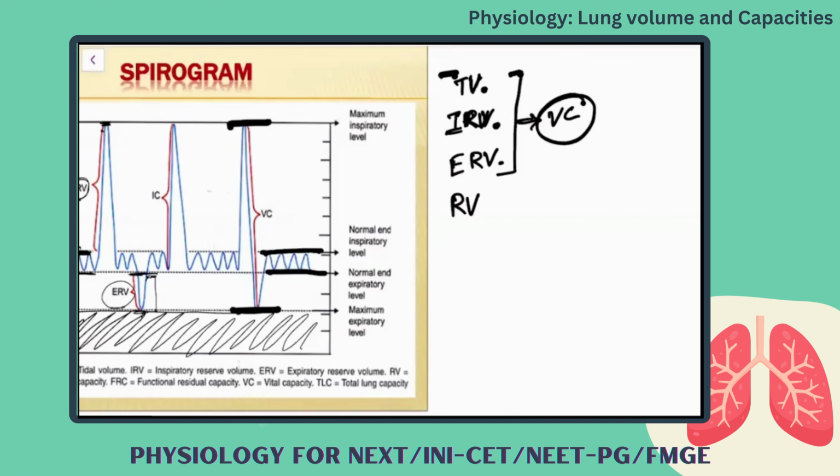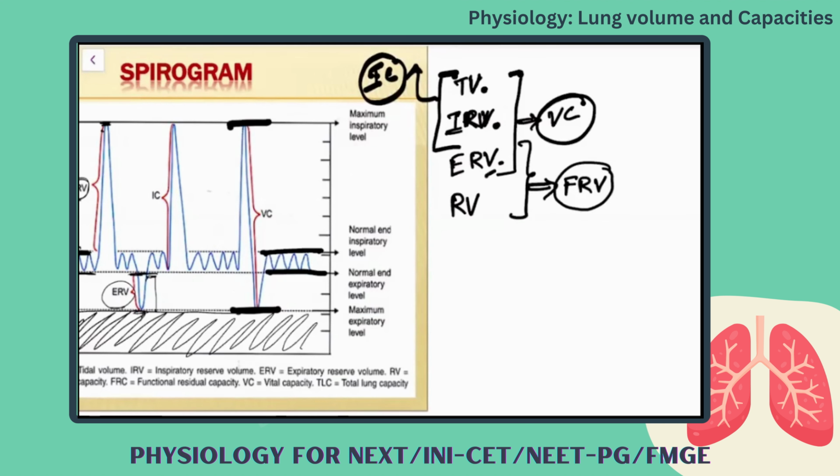And now, tidal volume plus inspiratory reserve volume. What will you call it? Inspiratory capacity. That is the maximum volume of air which can be inspired. That is called inspiratory capacity. And functional residual capacity is the volume of air which remains in the lungs after normal breathing.